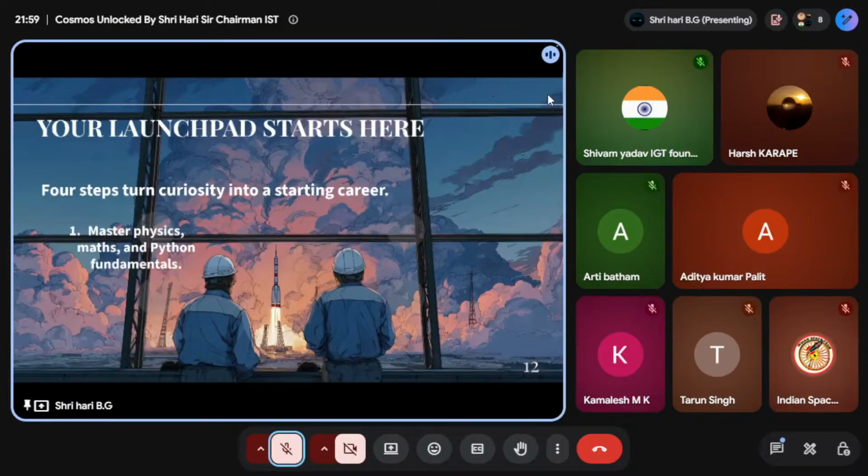And the second one is run small projects using public data and citizen science. There is so much data available on the internet. You can see any data. ISRO also has ISSDC, an openly available data source for everyone.